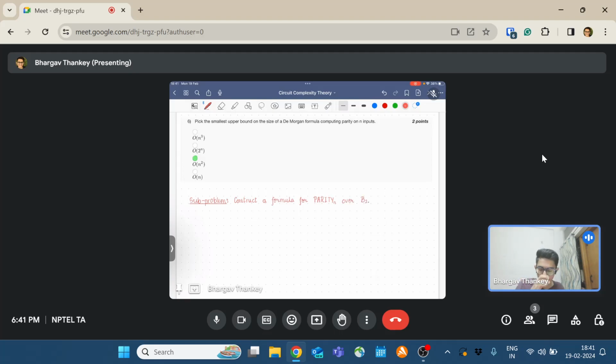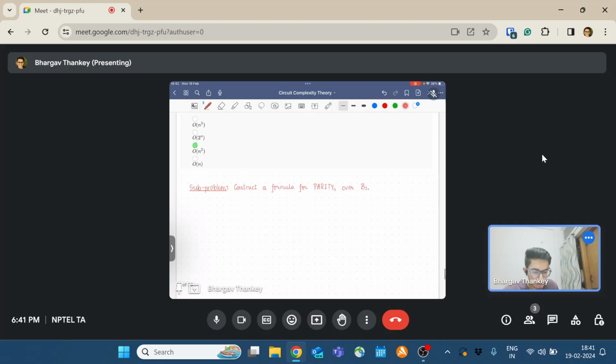What we'll do is we'll first construct a formula for parity over V2. So any function over two variables is allowed. What's one way to do this?